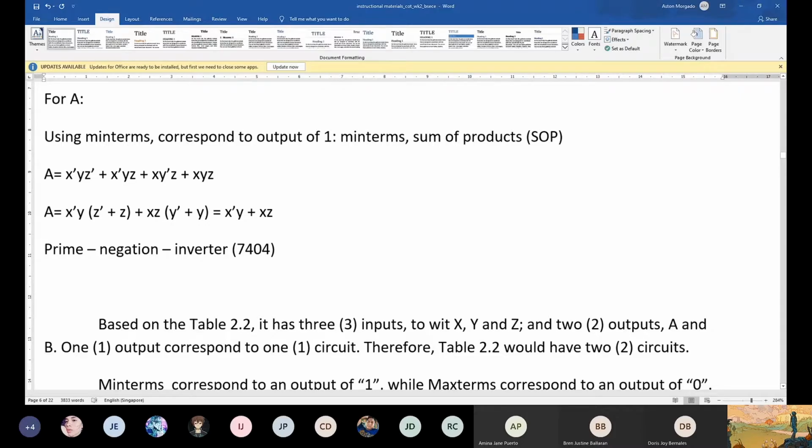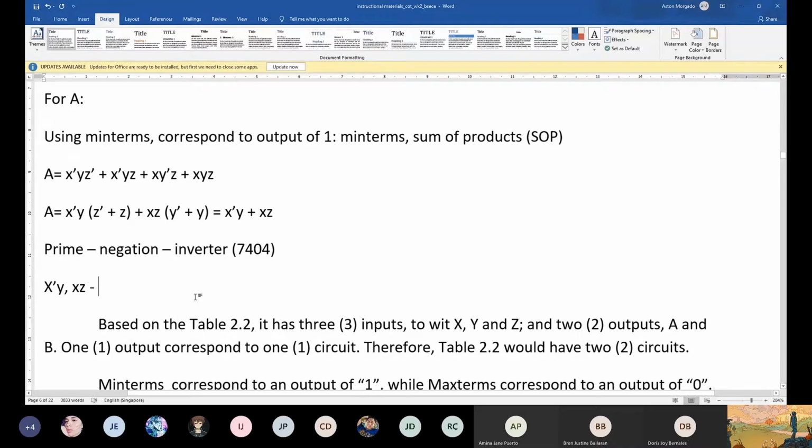So that means that x prime y, what operation is that? X prime y, the same as x times z. So how are we going to execute x prime y and x times z? What gate are we going to use?